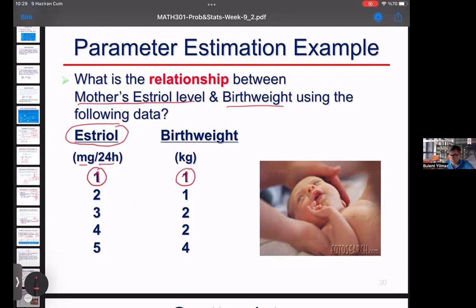Let's say I'm using this one and this one for my prediction equation calculations, and I'm going to use these ones for my tests. In the test, I'm going to say for 2 I'm finding 1.5, for 4 I'm finding 2.5.